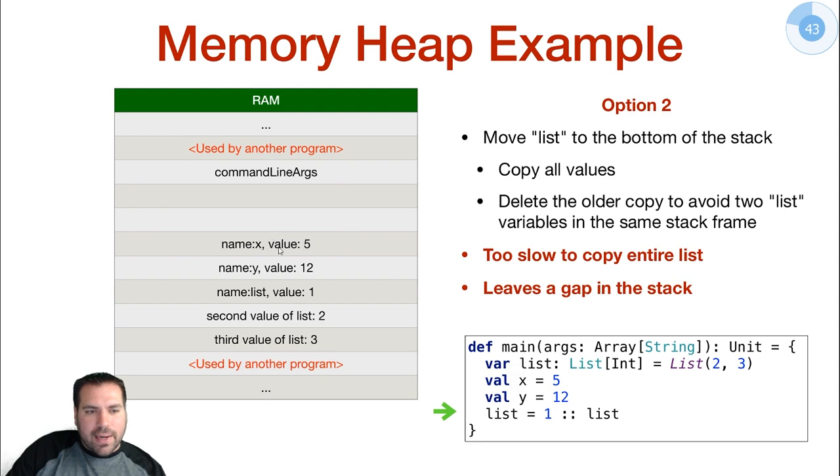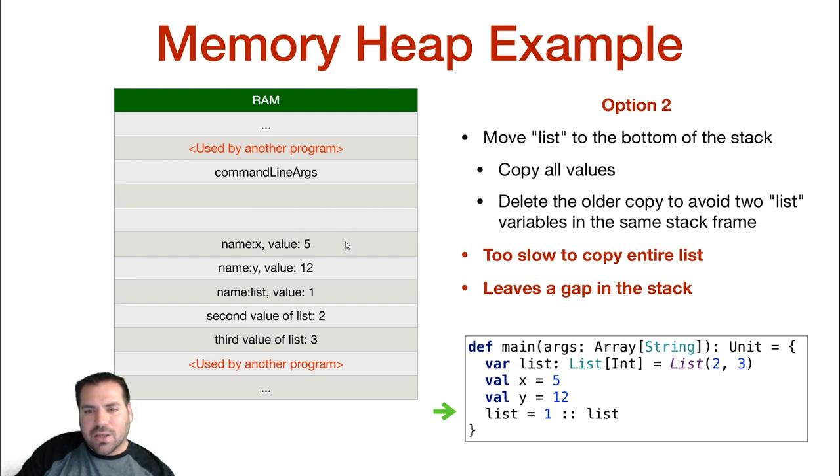Option 2, well, why don't we move the list down to the top of the stack and add all its values here. Then if we leave the other list here, then we have 2 variables in the same code block with the same name. So we can't do that. So why don't we erase that?